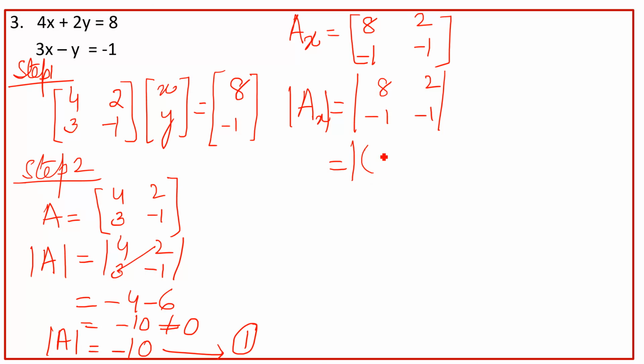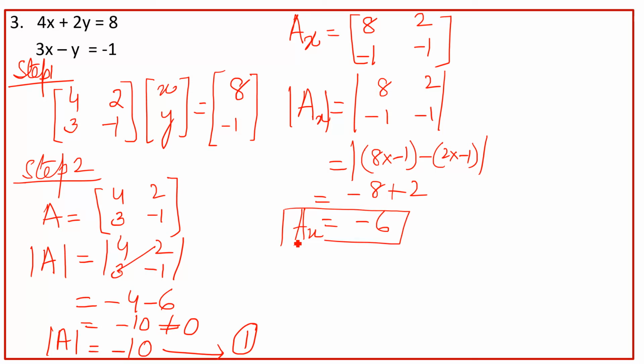So it will be 8 times -1, and then minus sign, 2 times -1. Because if there is a negative, you should be very, very careful. And this is positive 2, which is equal to -6. Ax is equal to -6. This is our second requirement.